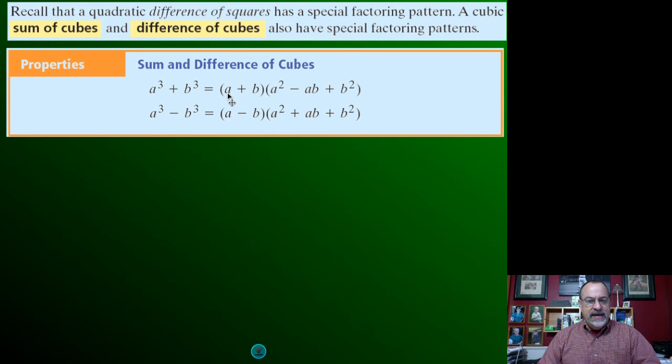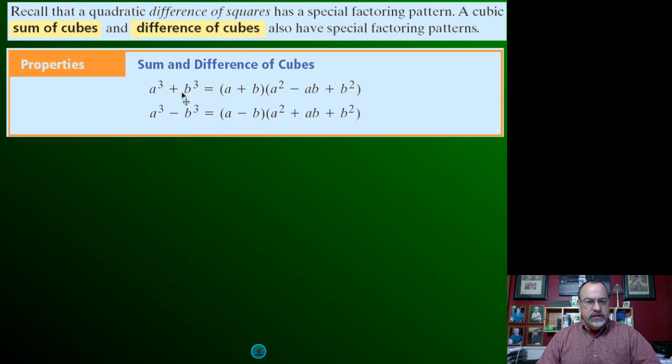You'll notice that a here is just the cube root of this term, whatever it is. The b would be the cube root of this term. Then that's the first part, and the second part is the a term, the cube root of this now squared. The last is the cube root of this now squared. And the middle term is always the a times the b.